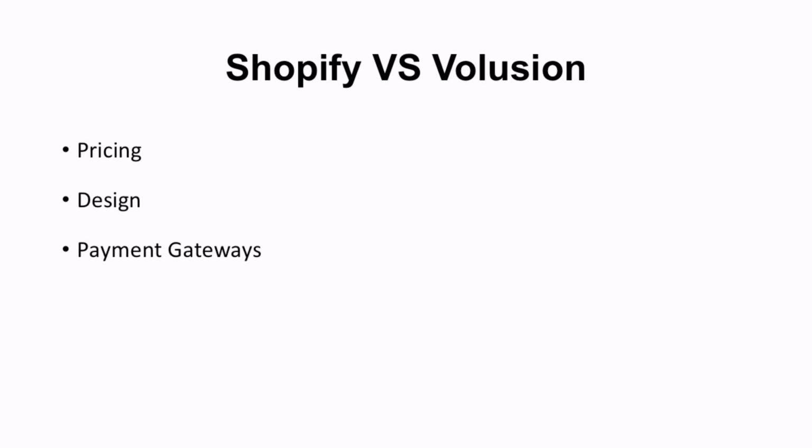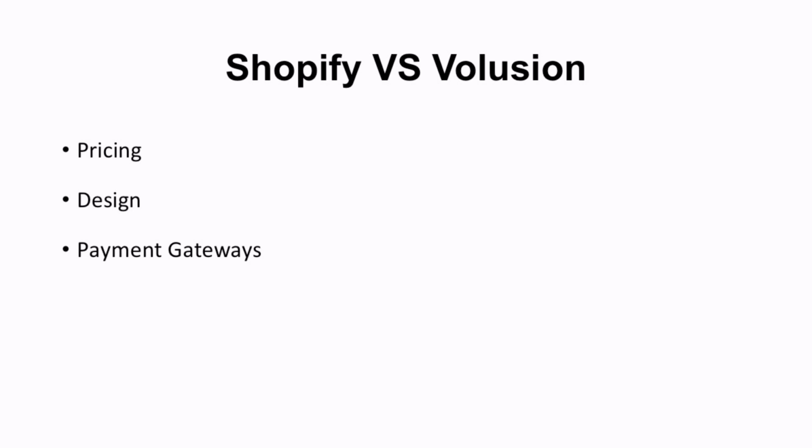Integrating with more than 70 payment gateways, including all the major players, Shopify works with a wide variety of processors. To top things off, their in-house processor, Shopify Payment, was launched in August of 2013. Volusion integrates with several domestic and international gateways which aren't compatible with quite as many processors as Shopify.